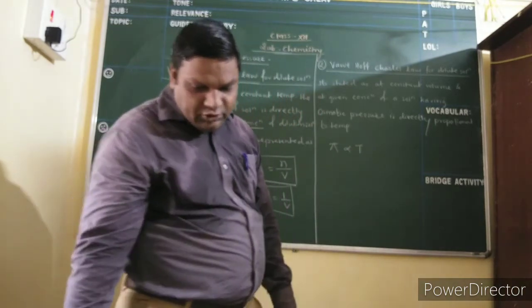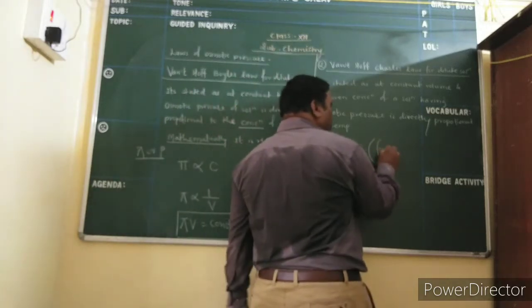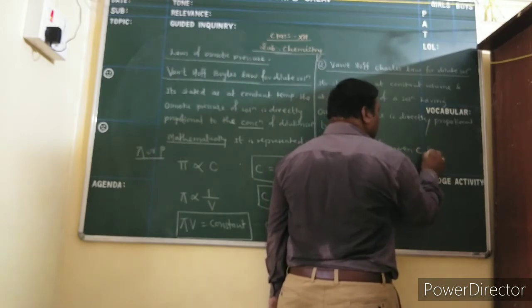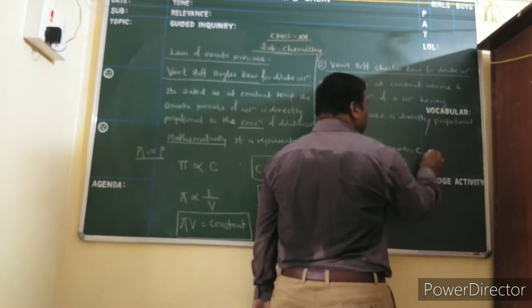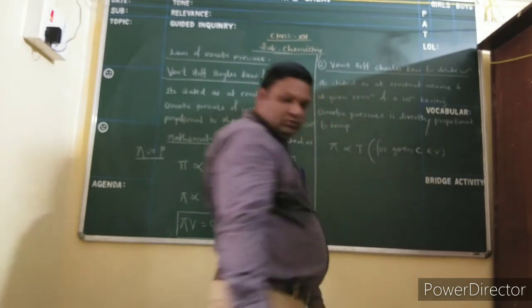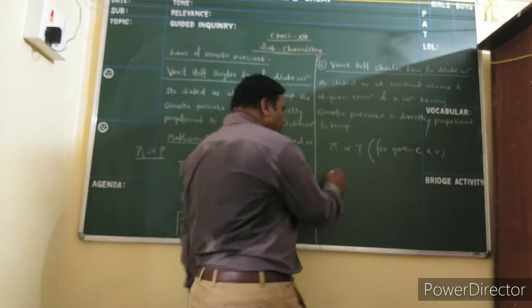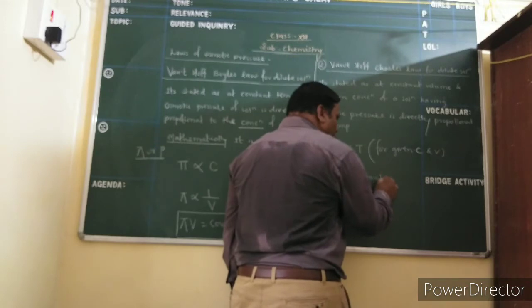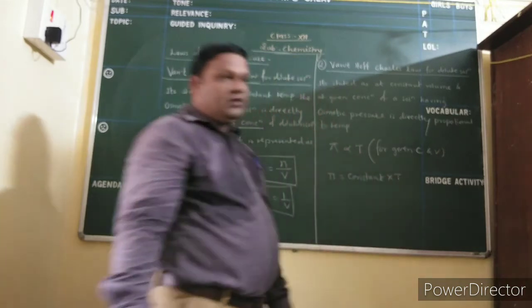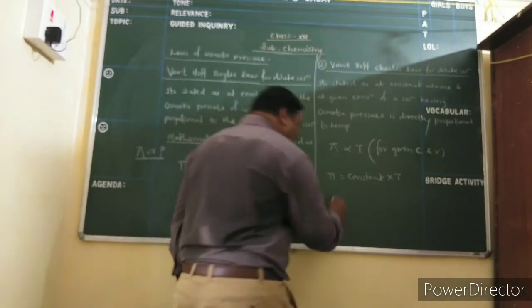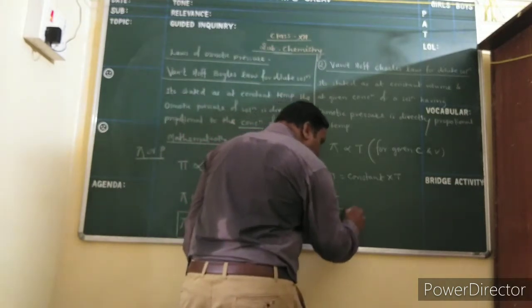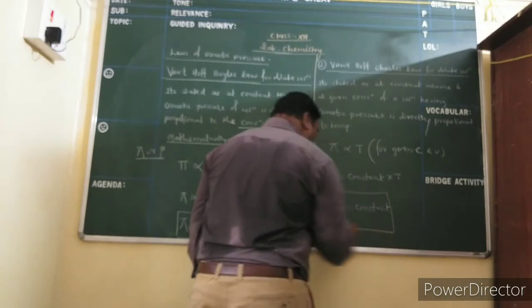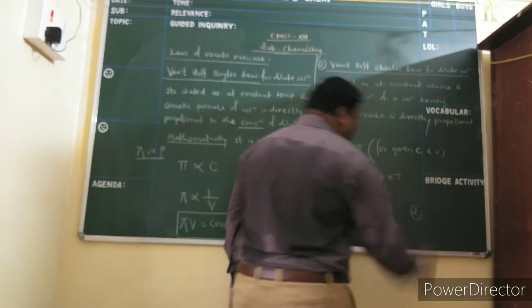Here, for given concentration and volume, pi is equal to constant into T. So pi upon T is equal to constant. It is equation number 2.